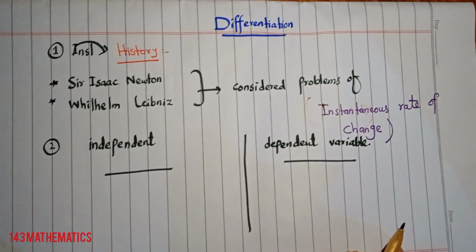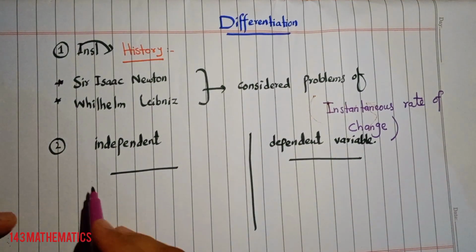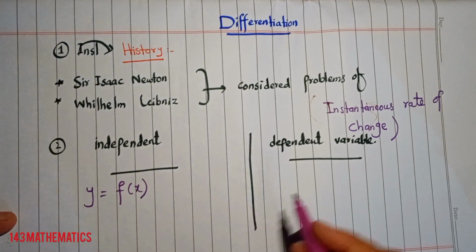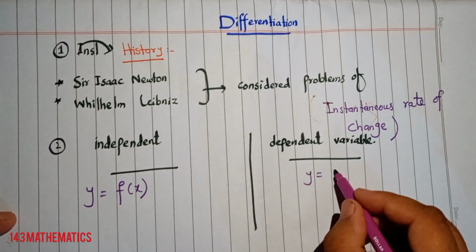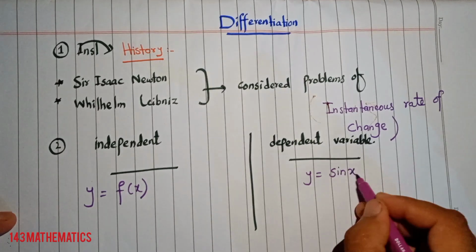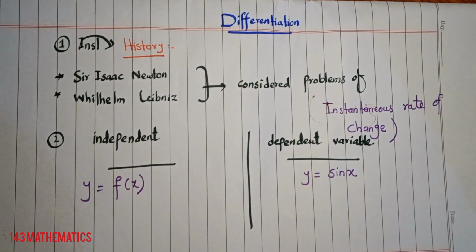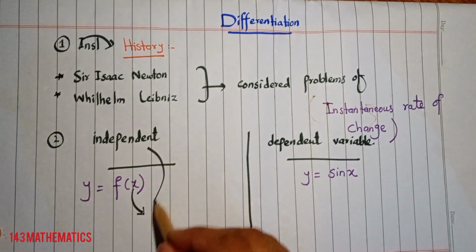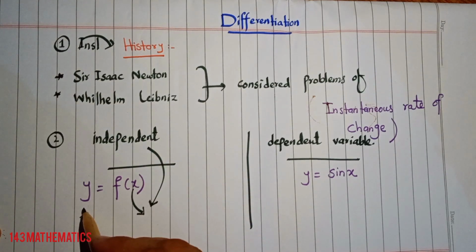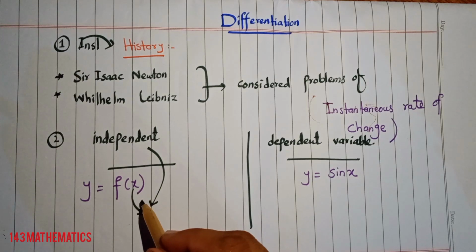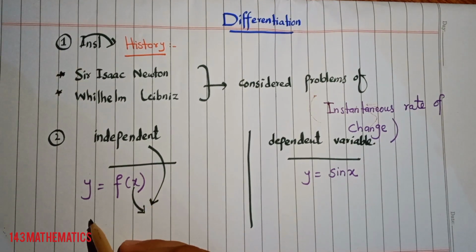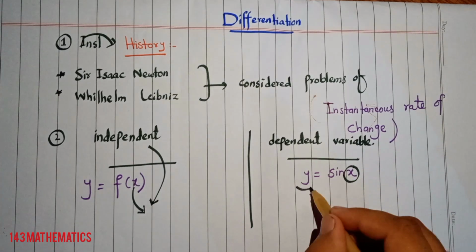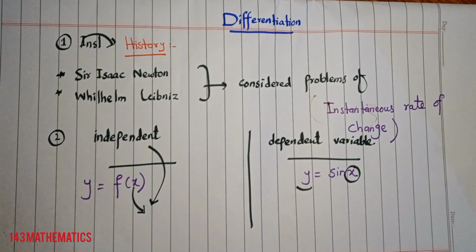If I write y is equal to f of x, and if I write y is equal to sine of x, generally x is called the independent variable and y is called the dependent variable. So here x is the independent variable and y is the dependent variable.